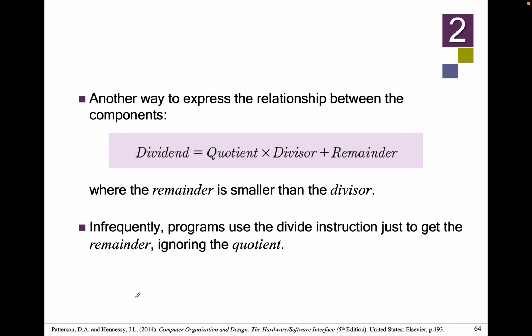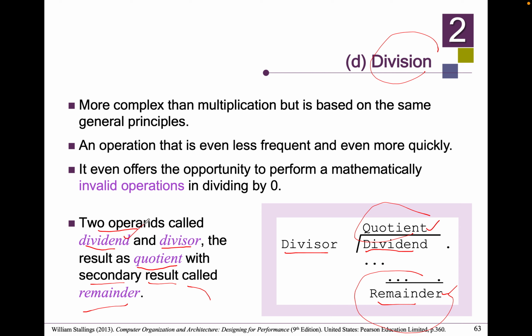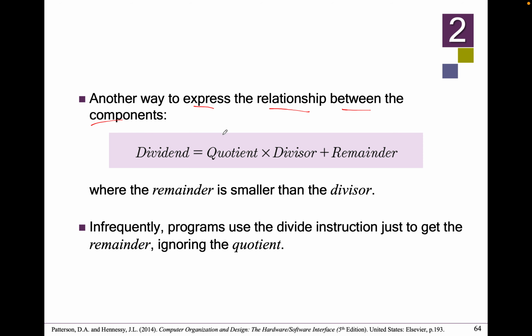Let's take a look at another way to express the relationship between all these four components: dividend, divisor, quotient and remainder, you need 1, 2, 3, 4.